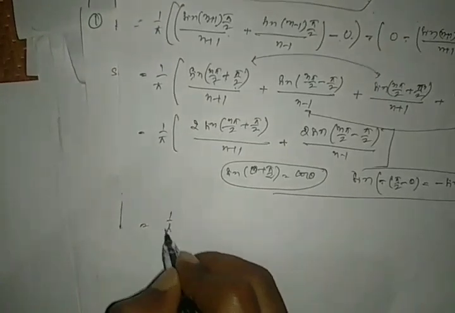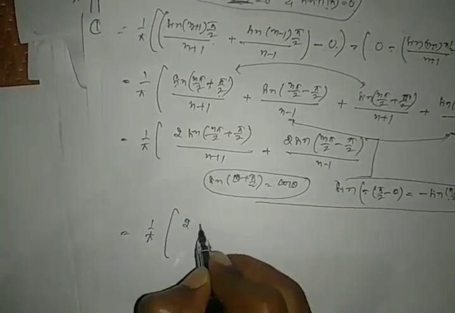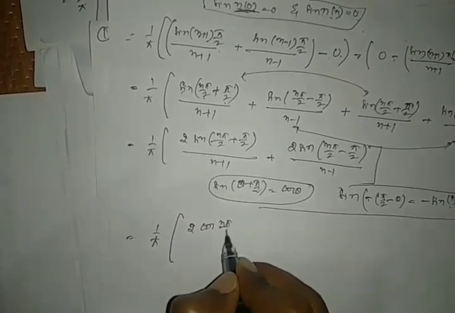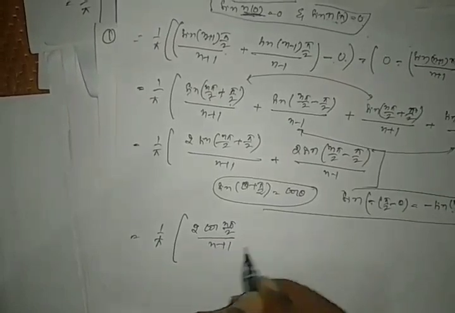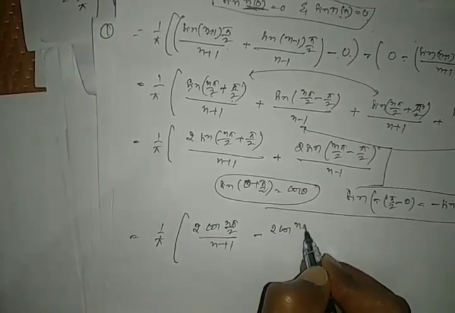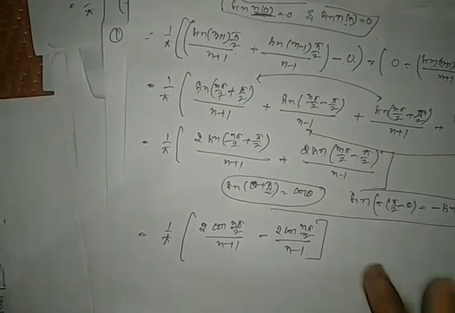So that is equal to 1 by pi whole into, this is 2 cos of n pi by 2 by n plus 1 minus 2 cos of n pi by 2 by n minus 1.